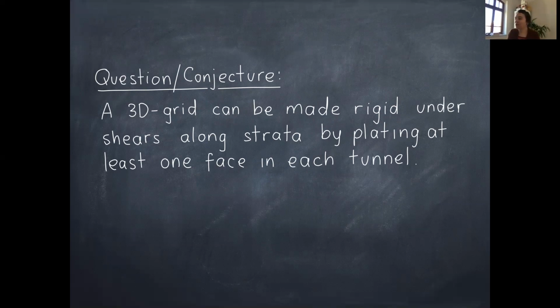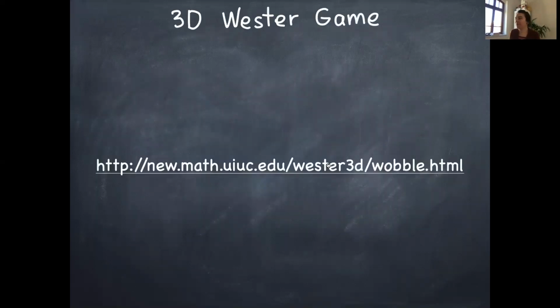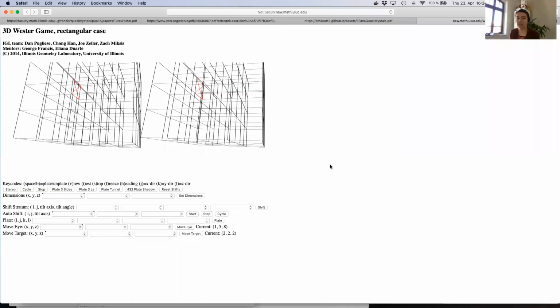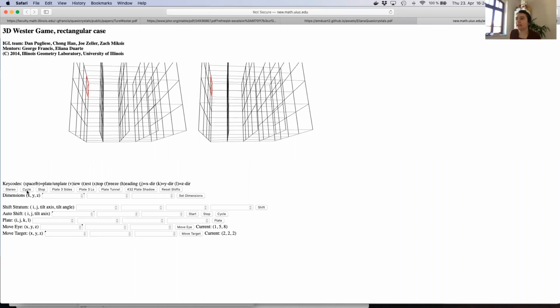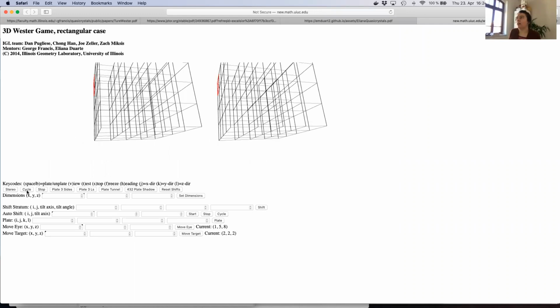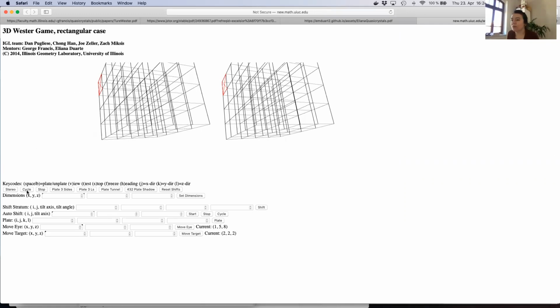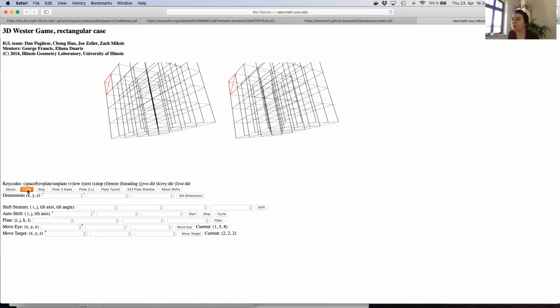And let me just show you some computational or empirical evidence of our conjecture. So what you see here is an interactive computer animation.